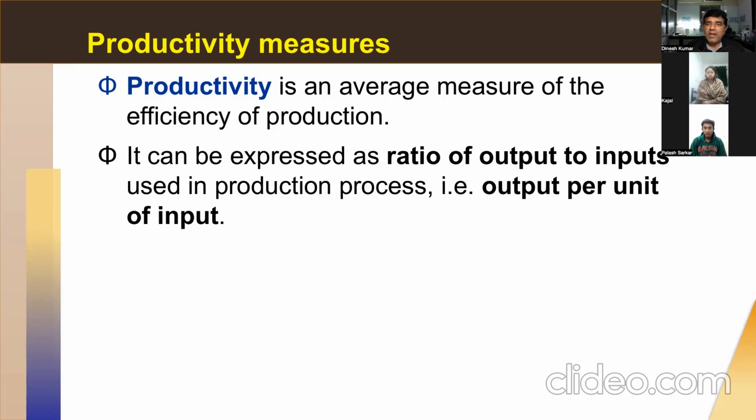Productivity is an average measure of the efficiency of production. Efficiency of production means simply output by input. It can be expressed as the ratio of output to inputs used in crop production, output per unit of input. So you can call it efficiency, you can call it productivity.